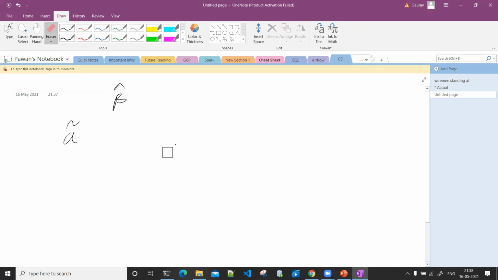So the new alpha is going to be the old alpha minus the learning rate, LR, into dy over dx.